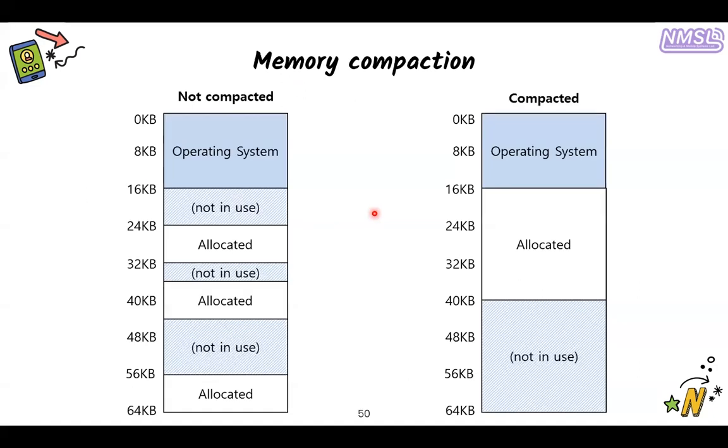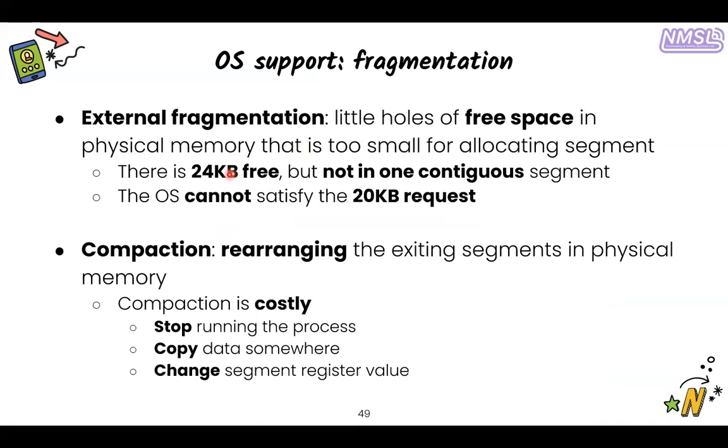So here, 8K, maybe 2K, this is 14. In total, you have 24K free, but if somebody requests 20K, you can't actually satisfy the request. That sucks. So the way to solve this problem is compaction.